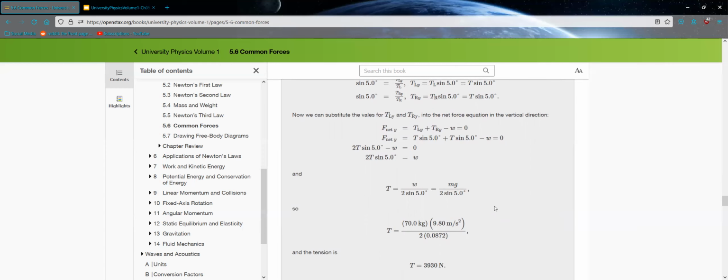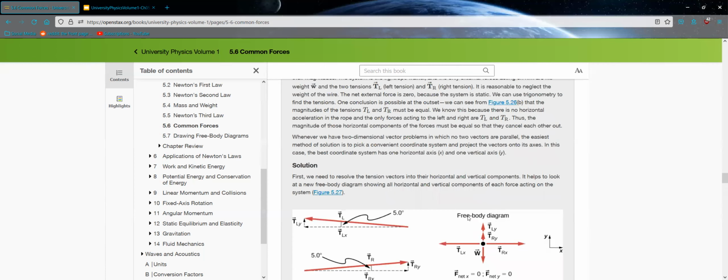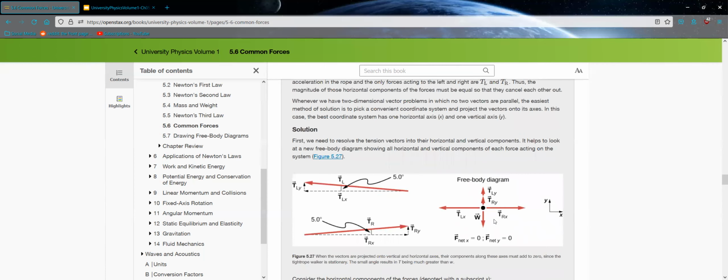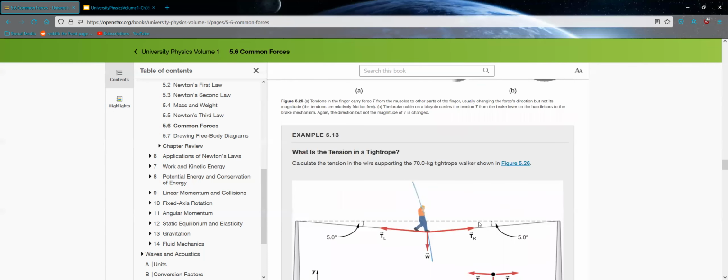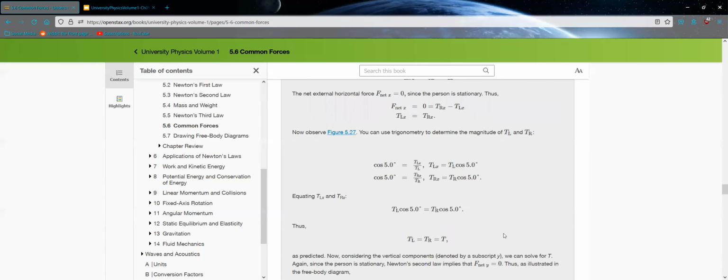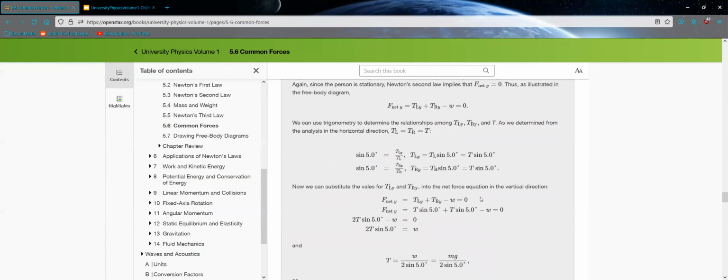You should be able to intuit this: if they're equal on both sides, then they're equal, right? So the left tension and the right tension are both half of that weight component. And we can figure out his weight because we know how heavy he is and we know gravity, right? So we can figure out the force down, and the force up needs to equal the force down. So that's what's going on here with the F net Y conversation.